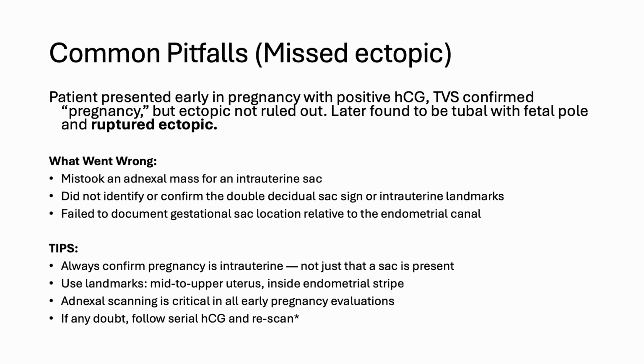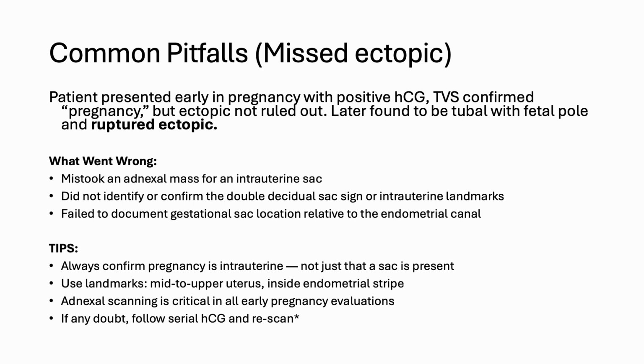So what went wrong? The midwife mistook the adnexal mass for an intrauterine sac, and this actually did happen in a clinic, and they did not identify or confirm the double decidual sac sign, or the uterine landmarks.